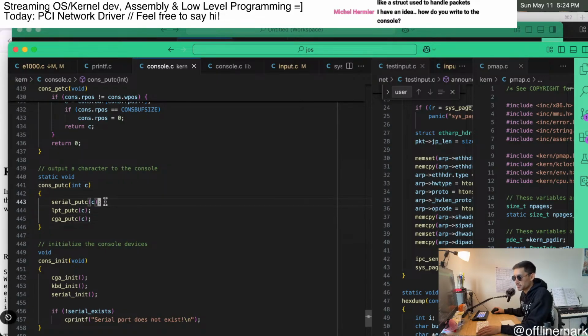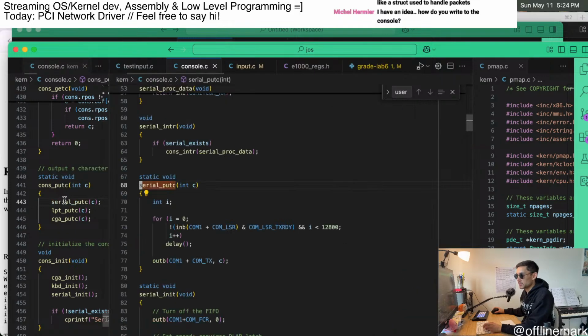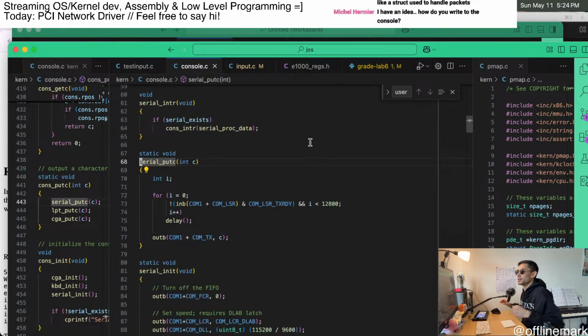I am not that familiar with it, but mainly we're using serial put C, which just contains this basic driver for some serial device. I didn't write this code actually, so I don't really have a good understanding of how it works. But does that help your idea of what's going on?